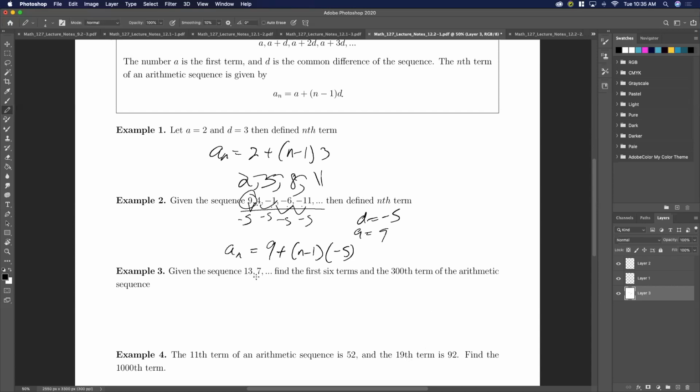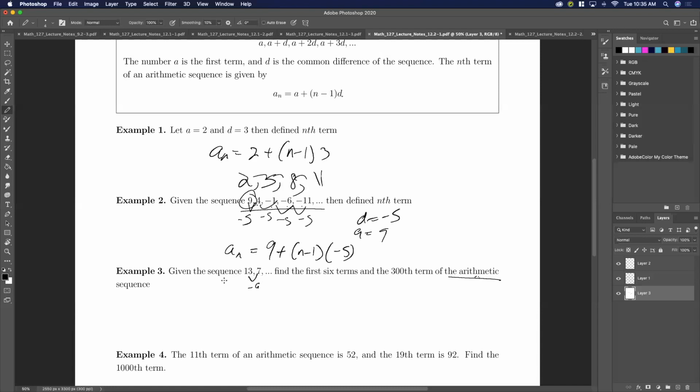Now, if it's given this, do we need to know all this? As long as I know it's an arithmetic sequence, I can just take these two, figure out what the difference is, which in this case is, my brain would operate, -6, right? And so here I can find the first 6 terms. As long as I know it's an arithmetic sequence, I know it's -6.